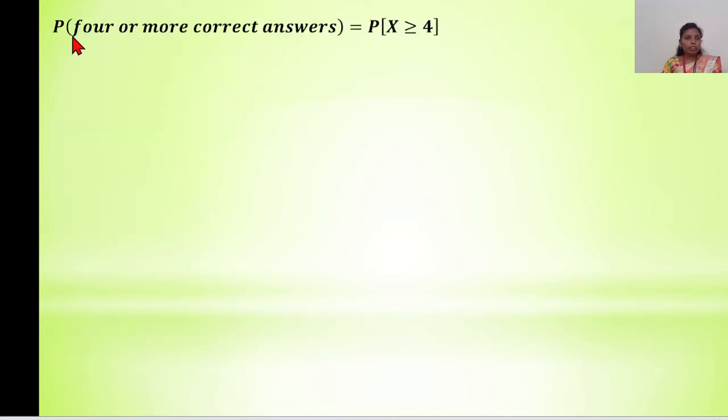Now we have to find the probability of 4 or more correct answers. That is equal to probability of x greater than or equal to 4. Here greater than or equal to 4, we can take x equal to 4 and x equal to 5.